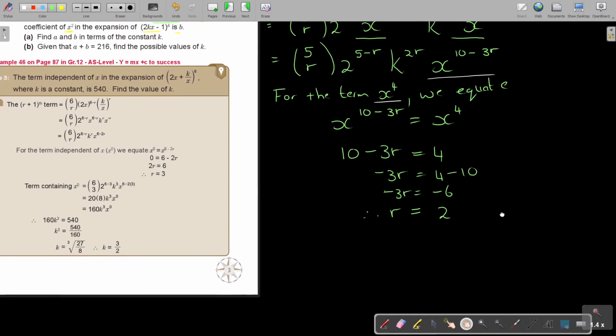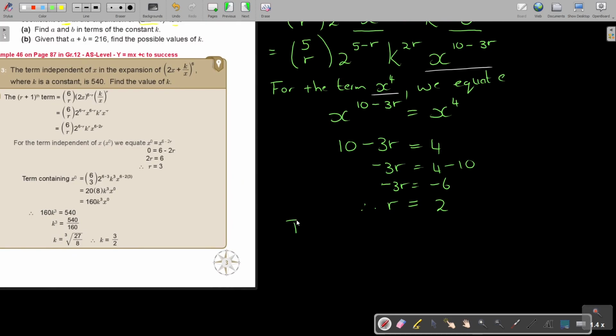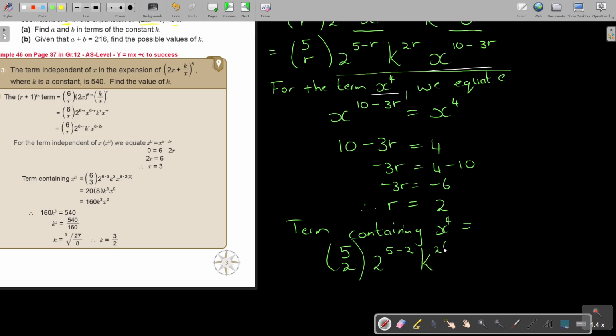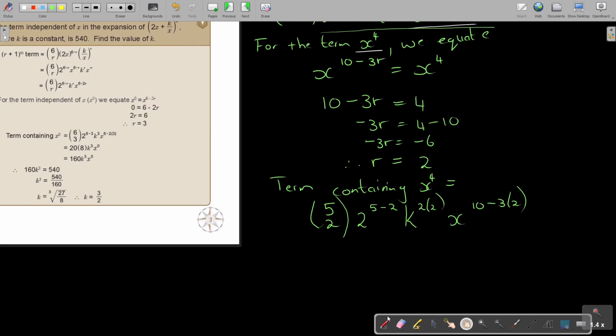So then the term containing x4, now remember, it's 5C2. Now I'm just substituting it in there, do you see? So it's 5C2, then 2 to the 5 minus 2, then k to the 2 times 2, then x to the 10 minus 3 times 2.